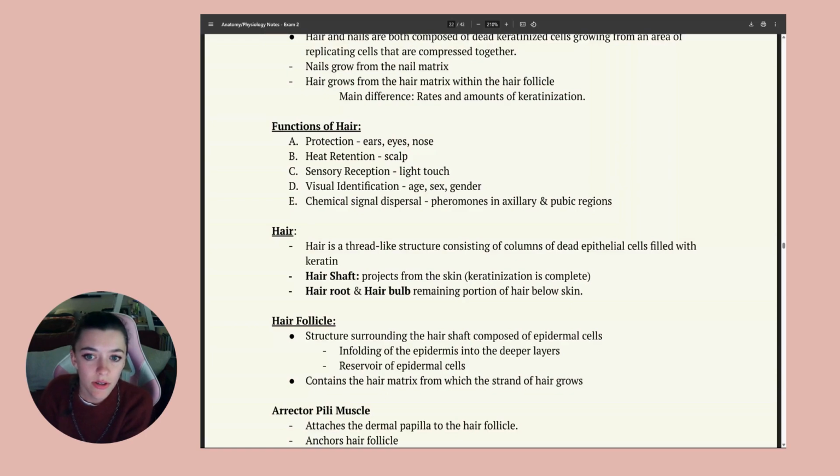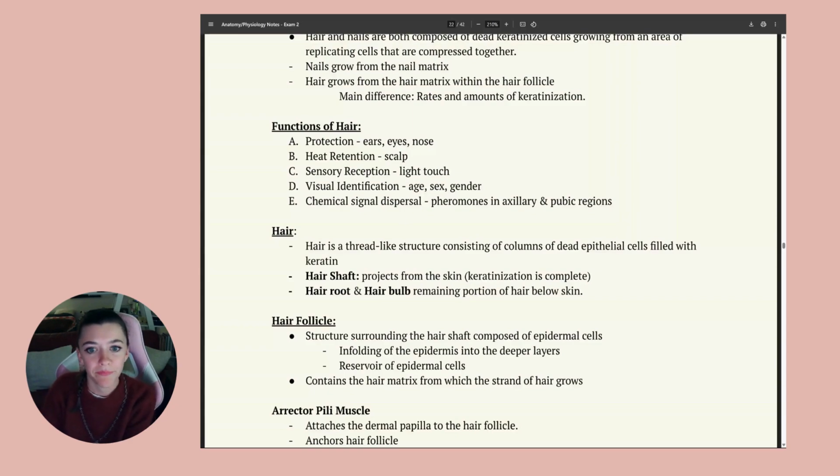Your ears, same there. It probably stops stuff from getting in, but also might help diffuse really loud noises, potentially. I'm making that up, potentially. And then same with your nose. You have hairs there that are helpful in stopping not just debris, but also pathogens and things like that from getting up there.